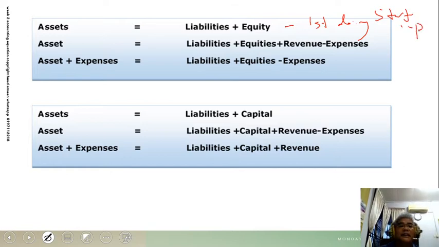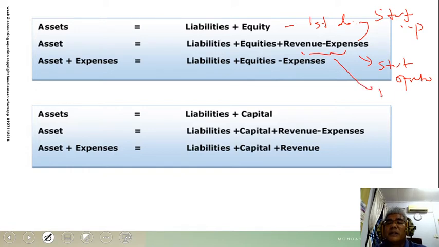And then after the second day, you may start your business. When you start your business, there will be business activity, sales or expenses, and this is what we call revenue minus expenses is profit.